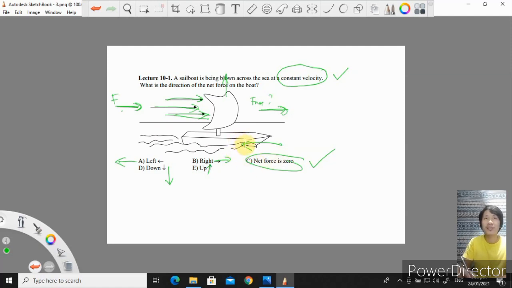So the forces cancel, right? In vectors last quarter, opposite forces cancel each other out, especially when they have the same magnitude, right?